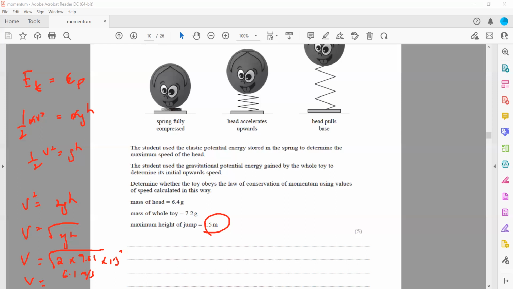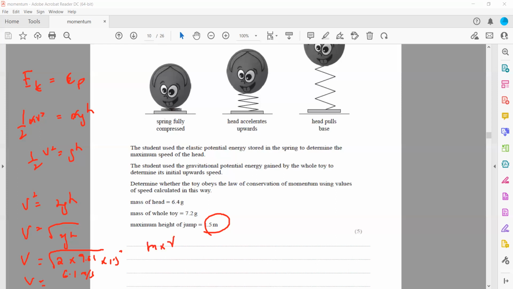So total momentum before: as the spring is released, the head is moving, and then later the base is also moving. So the initial momentum is due to the head, and the final momentum is due to the whole toy. Using this mgh, we worked out the speed at which the head is moving. Now the momentum of the head: momentum is a product of mass and velocity.